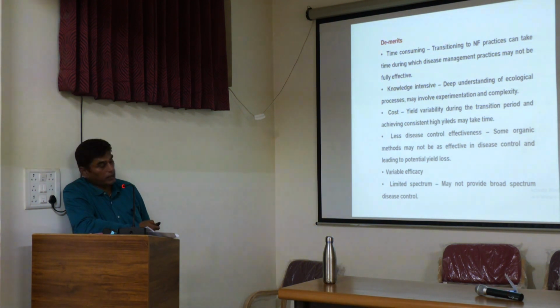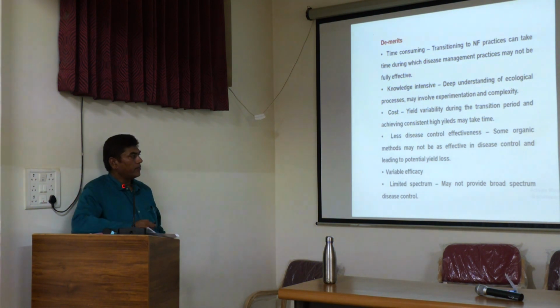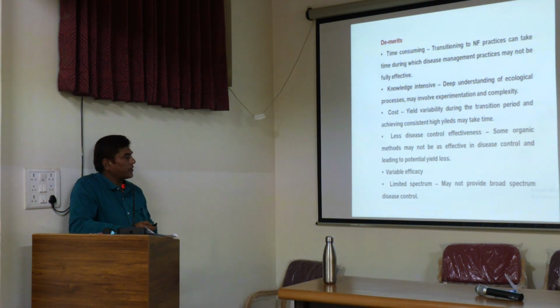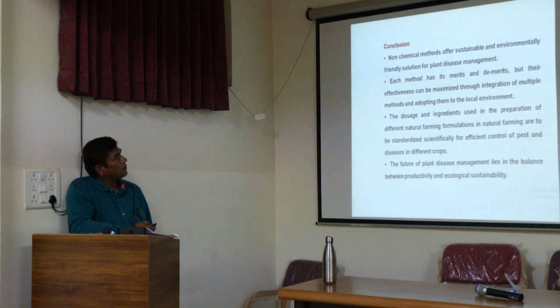Less disease control: in our project study, some organic methods may not be effective in controlling diseases, leading to potential yield loss. Variable efficacy, limited spectrum; they may not provide broad spectrum disease control, and won't control more than one disease.